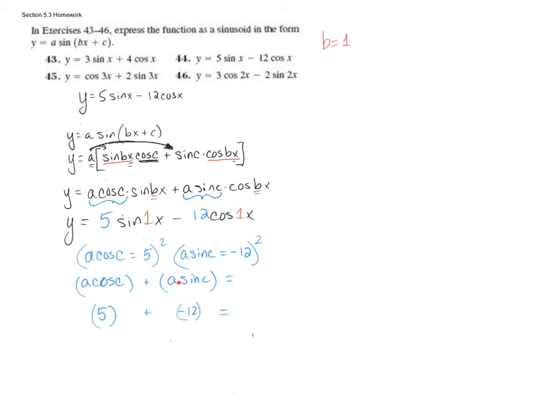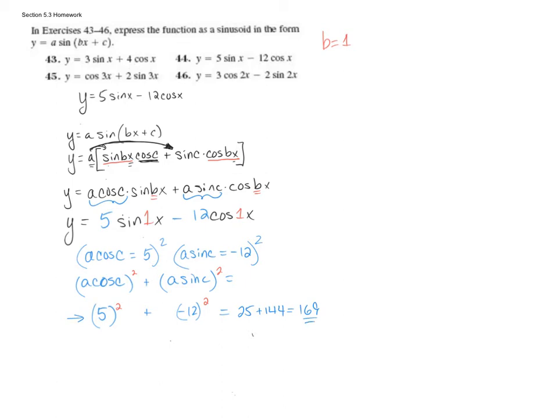So if I add those two equivalent things together with these two equivalent things together, I should get the same quantity. So let's square them and see what we get. Let's square this, square that, square this, and square this. I think you can see our lower term here is going to be 25 plus 144, which of course is 169.